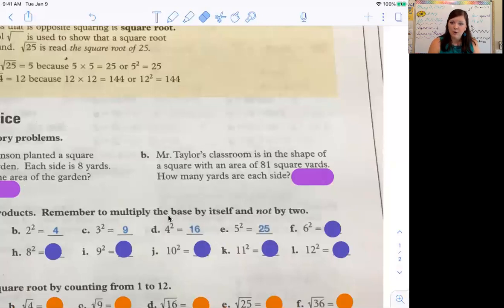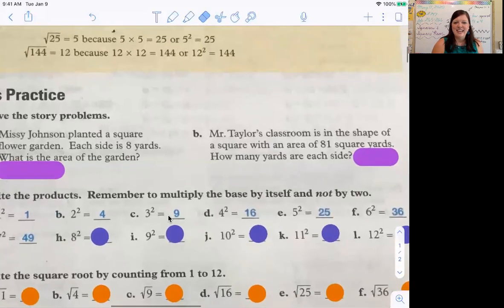When you're squaring a number, you're taking that number and you're multiplying it by itself. So what is 6 times itself? 6 times 6 is 36. That's our one that rhymes. 6 times 6, 36. Go down to 8. 8 squared. 8 times 8 is, I ate till I ate, and I ate and I got sick on the floor. 8 times 8 is 64. 9 squared, 81. 10 squared, don't say 20.